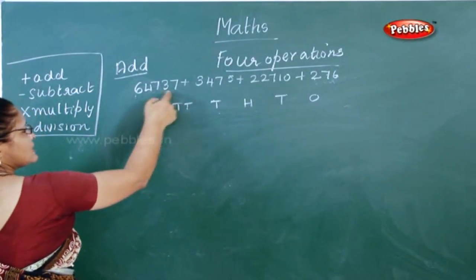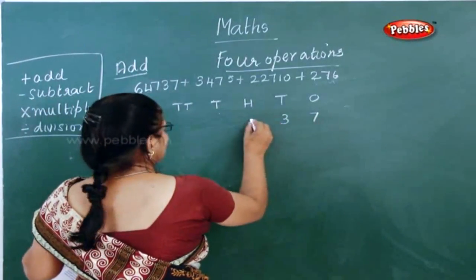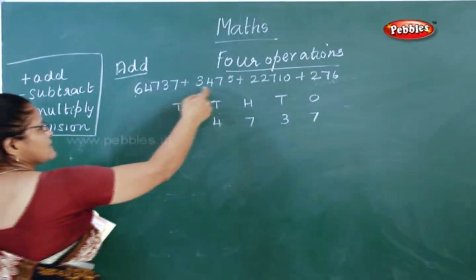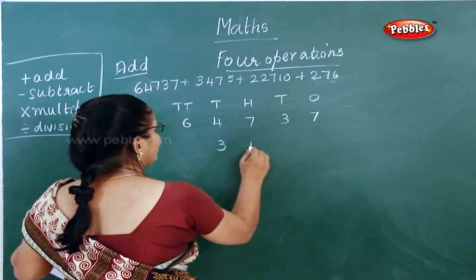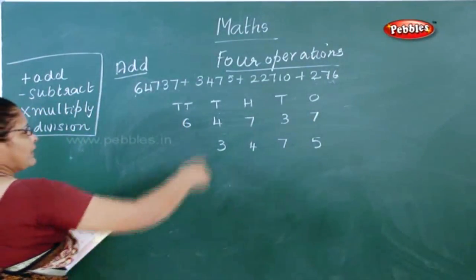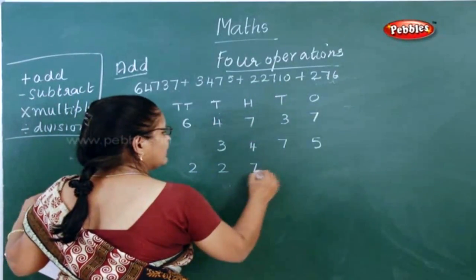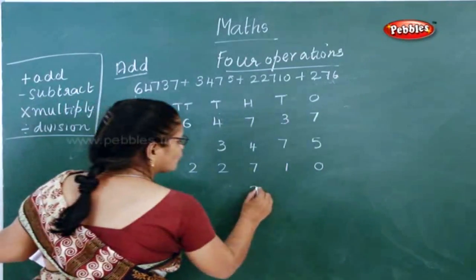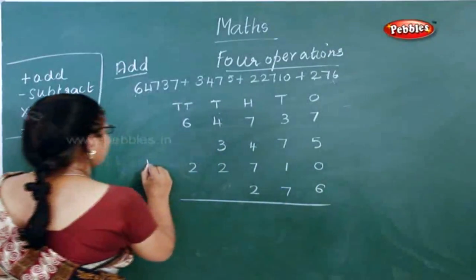The first one, 64737, the next number 3,475, the next 22,710, and then 276. Now you have to start adding.